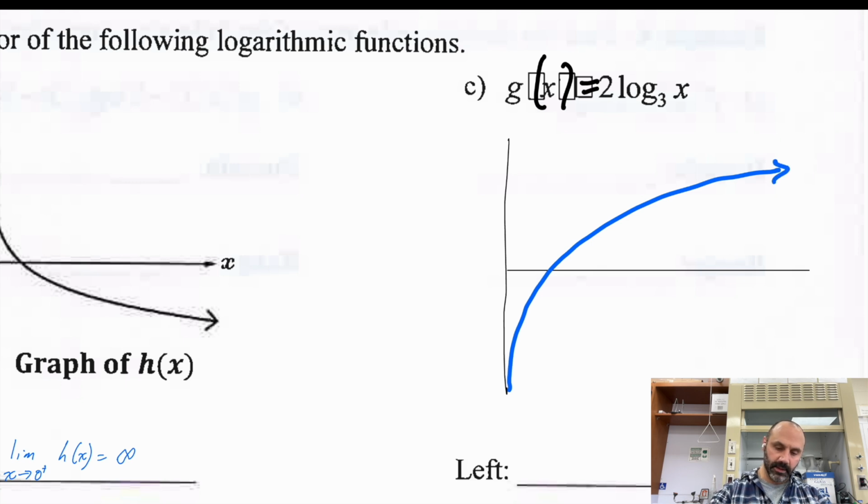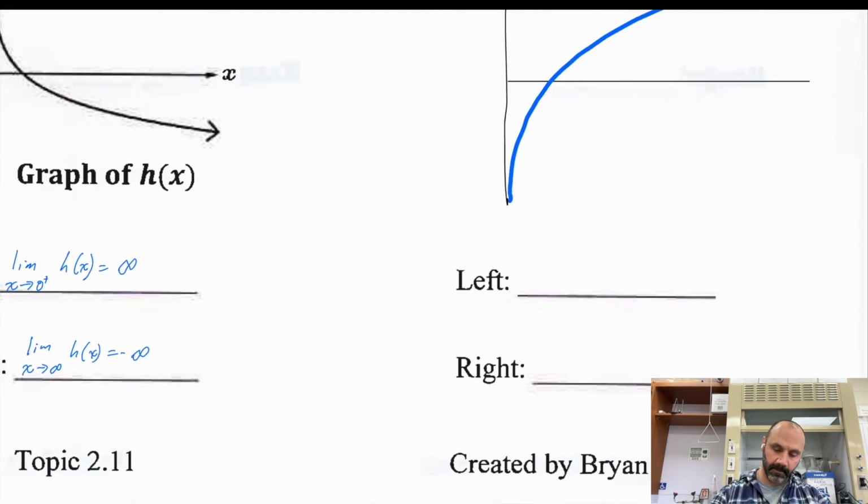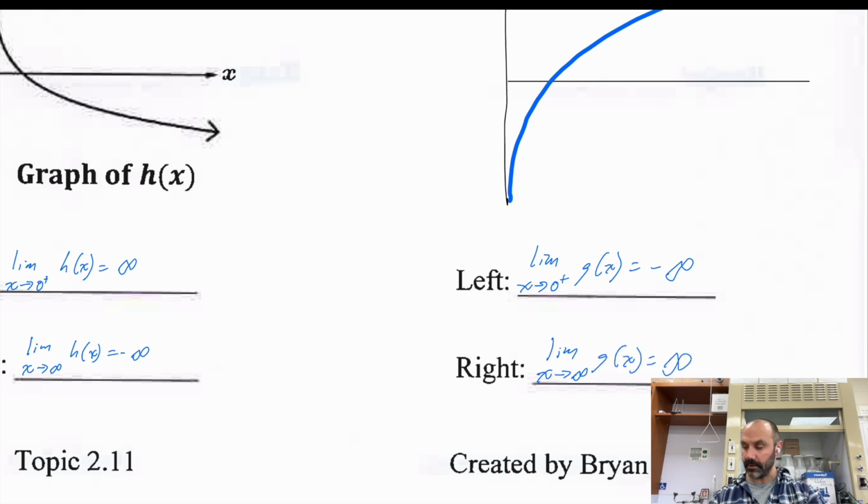That means the limit as x approaches 0 from the right of g of x equals negative infinity. And the limit as x approaches infinity of g of x equals positive infinity.